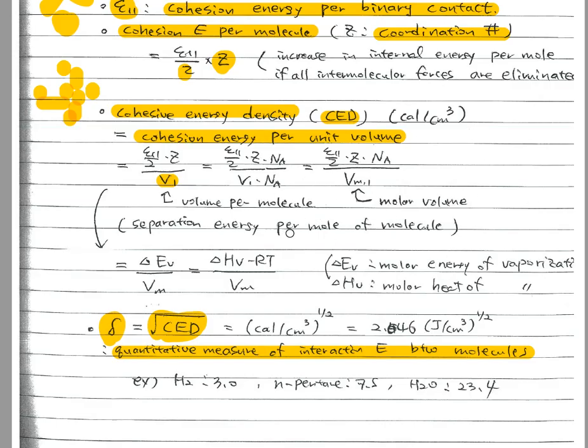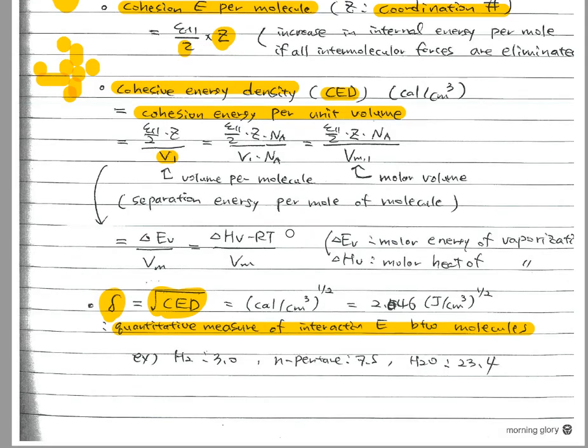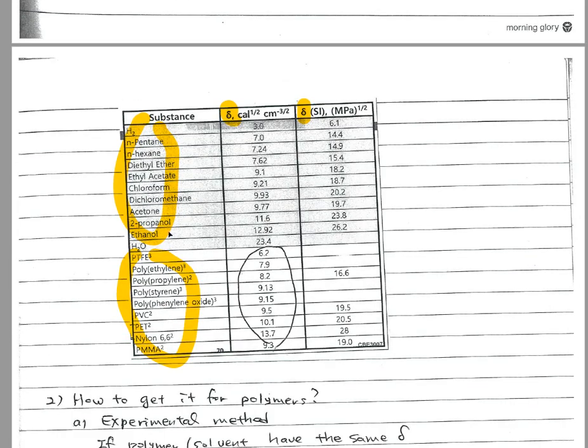So people have already determined this Hildebrand solubility parameter for many different solvents and polymers. You can clearly see that, for example, non-polar solvents have relatively small values. On the other hand, if the solvent is polar, like alcohol, ethanol, or water, it is much higher.